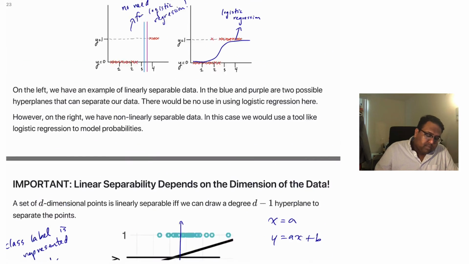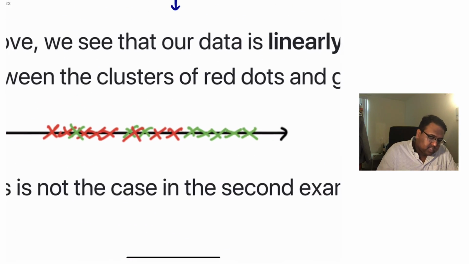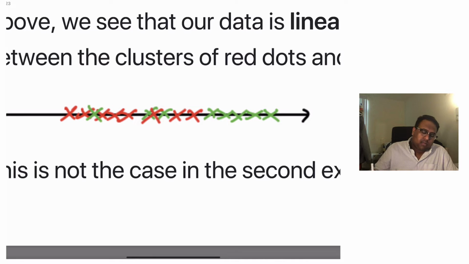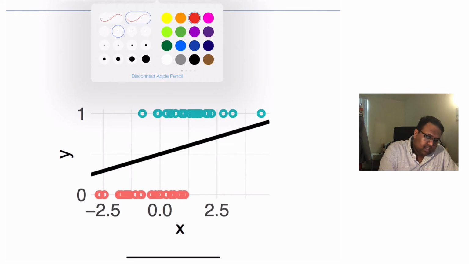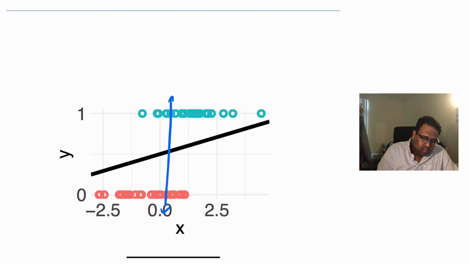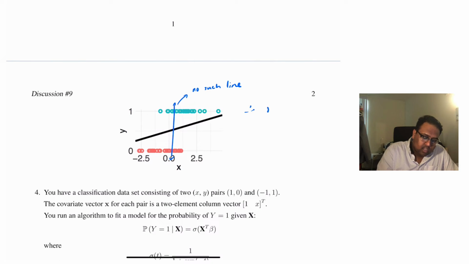A more representative plot would be something like this, where everything is laid out on a number line, and you can clearly see what the classes of the points are, and you can also clearly see the fact that there's no point at which you can draw a vertical line and say everything to the right is in one class and everything to the left is in another. Okay, there's nowhere I can draw such a line like this, so no such line, and so therefore this is not linearly separable.